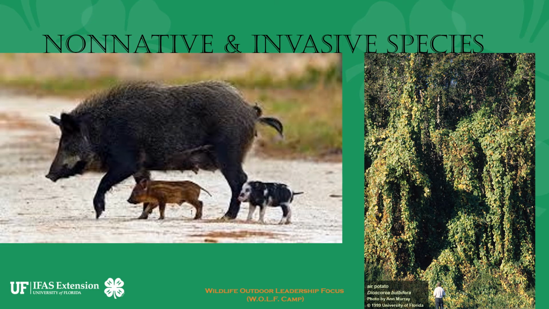Non-native species, both plants and animals, pose a considerable challenge for natural resource managers, and most are very difficult to control or eradicate. But that doesn't mean we shouldn't try. Common non-native and invasive species include the wild pig and, as far as a plant, the air potato. Every effort should be made to prevent the introduction of non-native species that may become invasive.